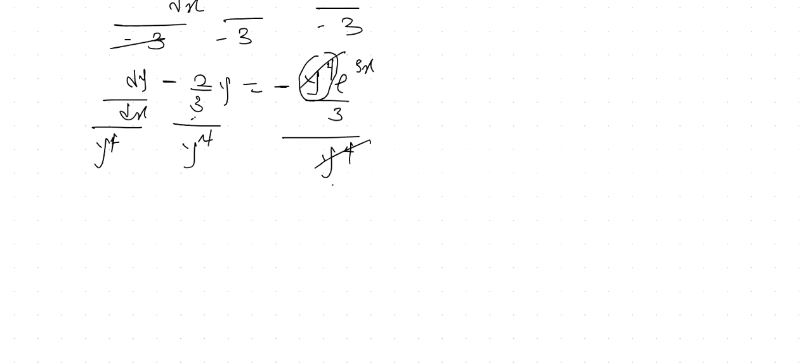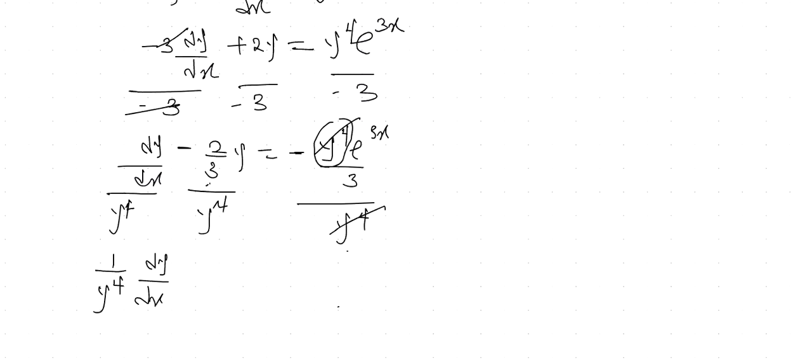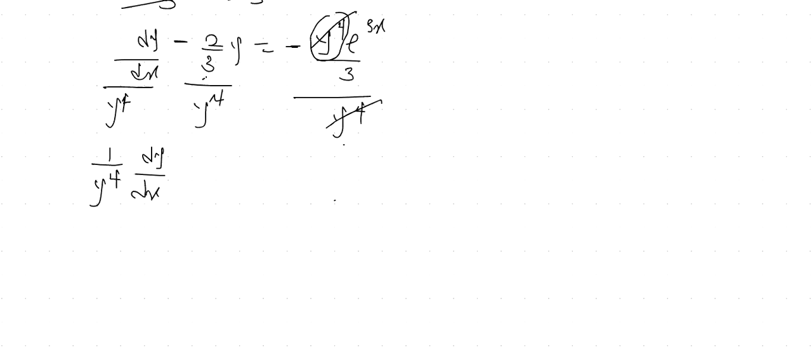Therefore, we are going to have 1 over y raised to the power of 4 dy/dx, then minus 2 over 3 times y raised to the power of minus 3, which is equal to minus e raised to the power of 3x over 3.